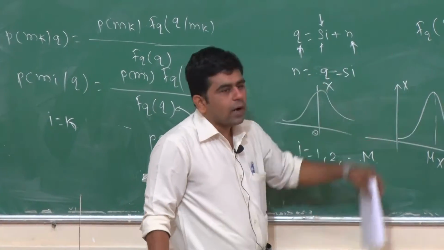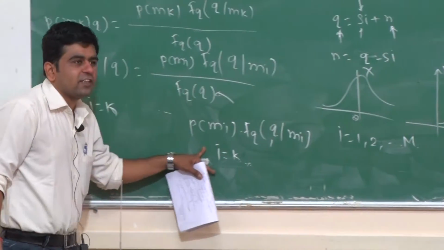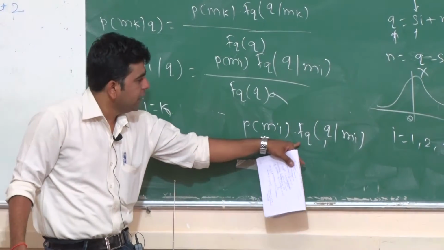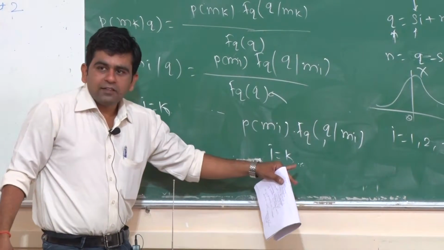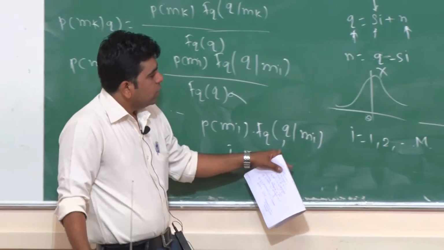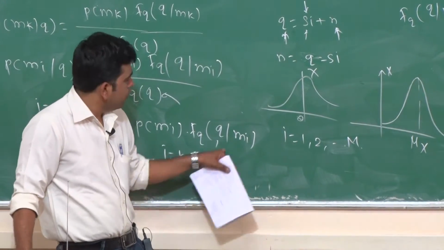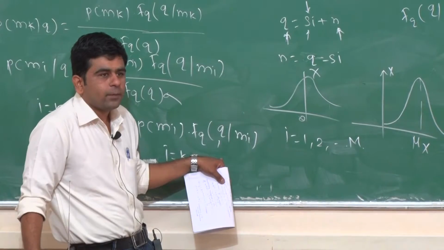Here this is your decision function, probability of mi into the probability density function of q given mi. We have to put this quantity here.